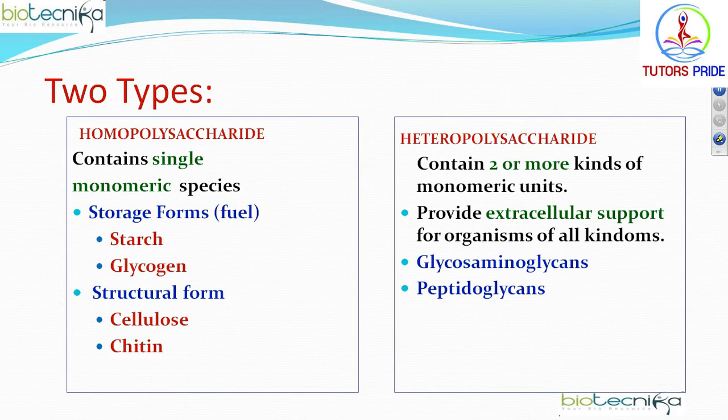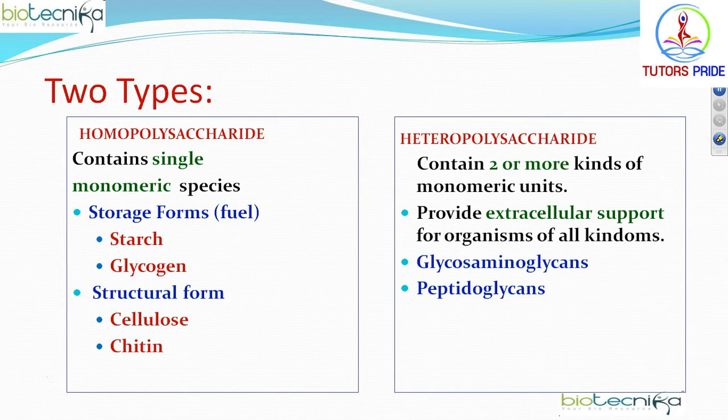And as for storage forms, homopolysaccharides are stored mainly as starch and glycogen, and in structural form mainly cellulose and chitin. The heteropolysaccharides provide extracellular support for organisms of all kingdoms. Examples are glycosaminoglycans, where amino sugars are present, as I told you.